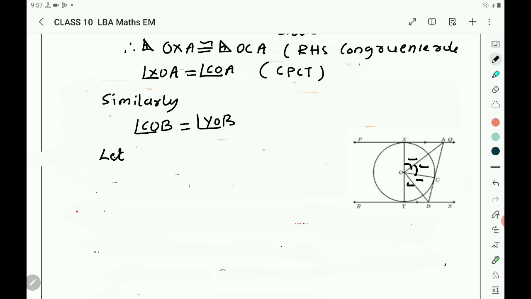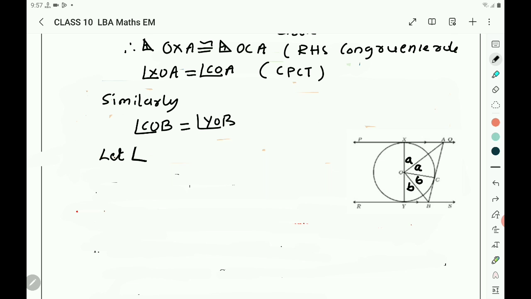These two are equal and these two are equal. So let us take these two angles are equals to A and these two are equals to B. So you write, let angle XOA equals angle COA is equals to A.